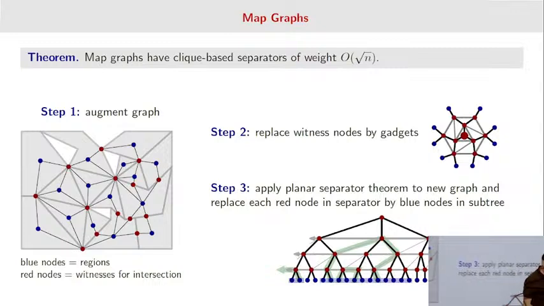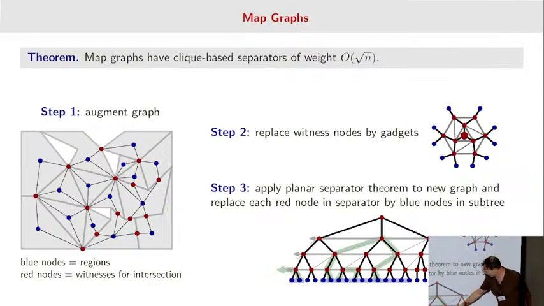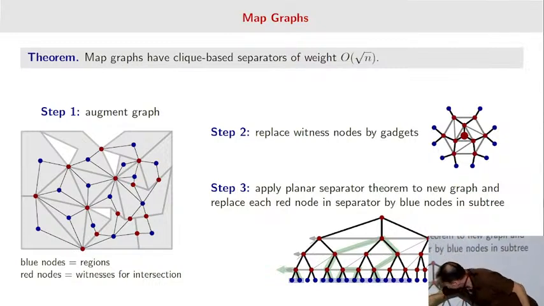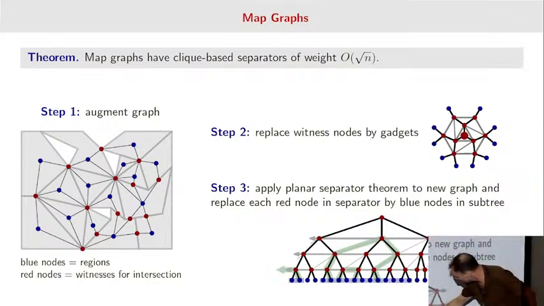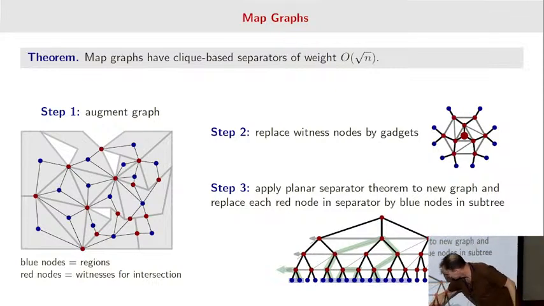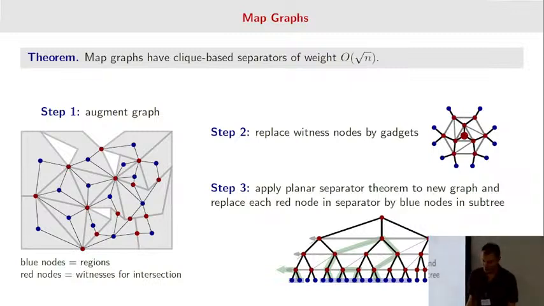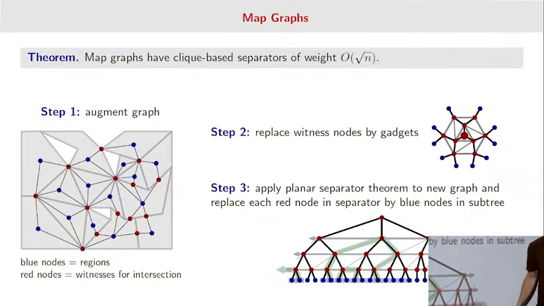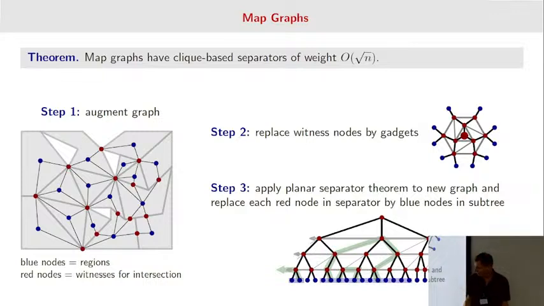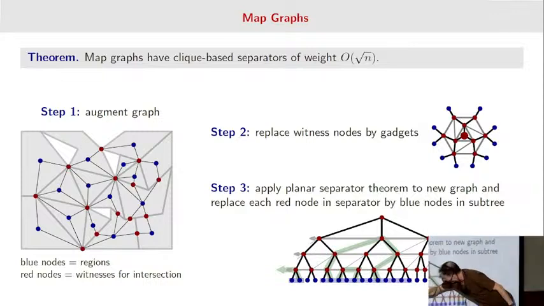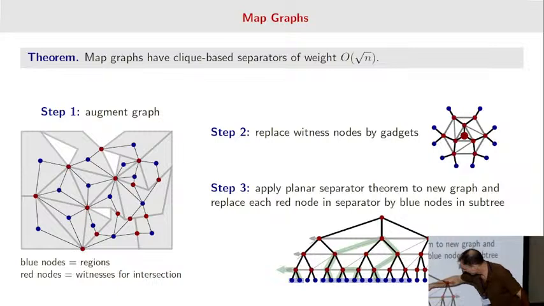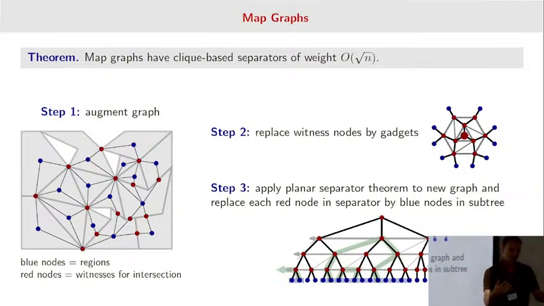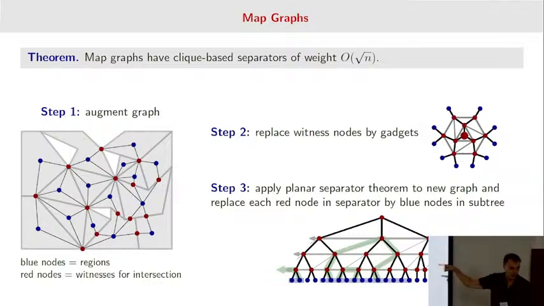But that would correspond to, you have to go up pretty high in this tree, and then for each node, I put all the descendants in my separator, and that means that if I go up to a certain level, height h, I can put only 2 to the h nodes in my separator, so my weight is nicely logarithmic in what I want.